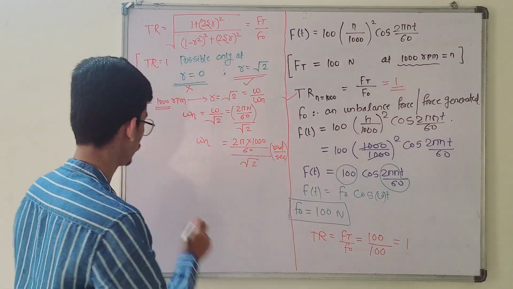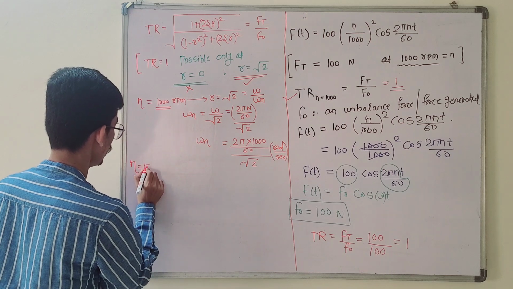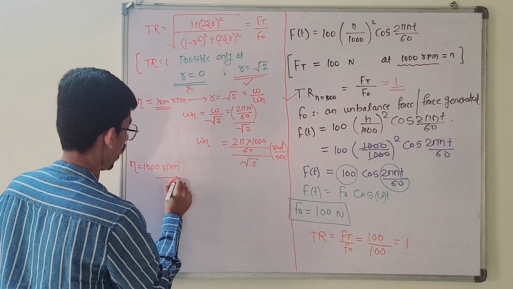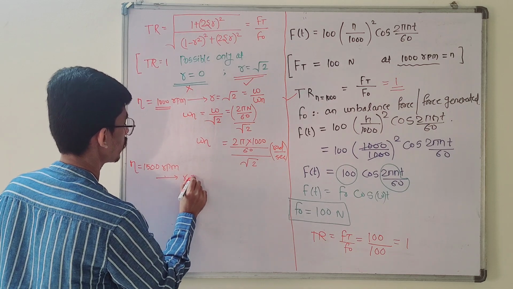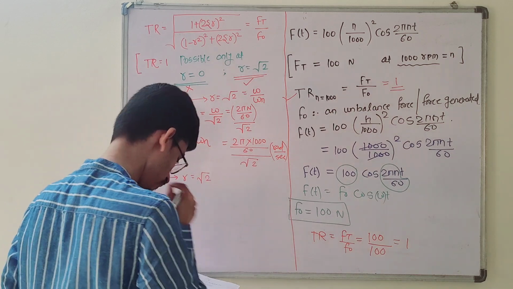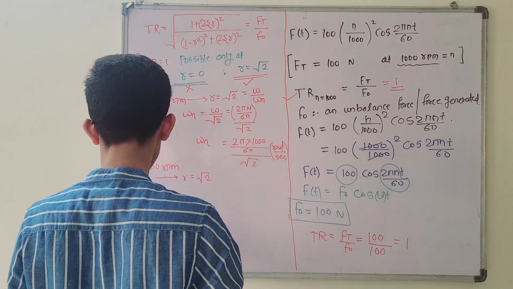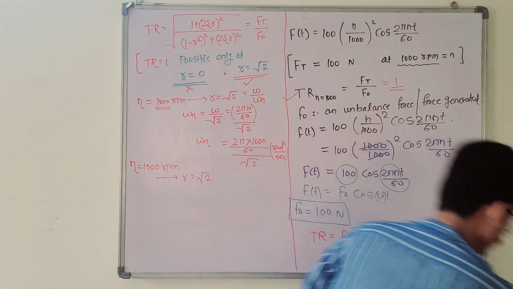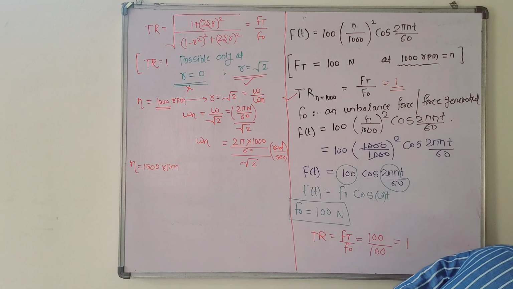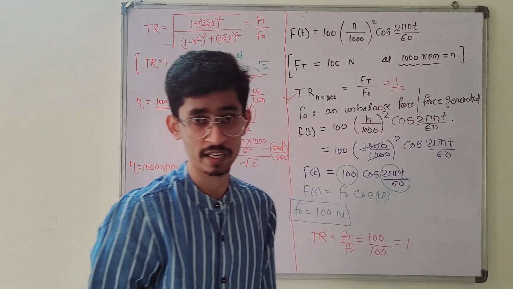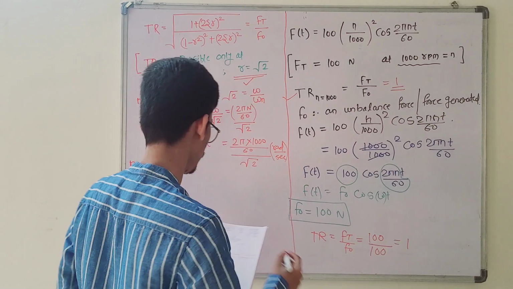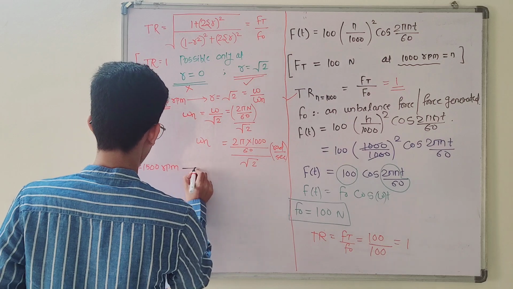And the second case is given N equal to 1500 rpm. For this case, we need to find r prime, or r dash, or r1, any notation can be used, at N equal to 1500 rpm.